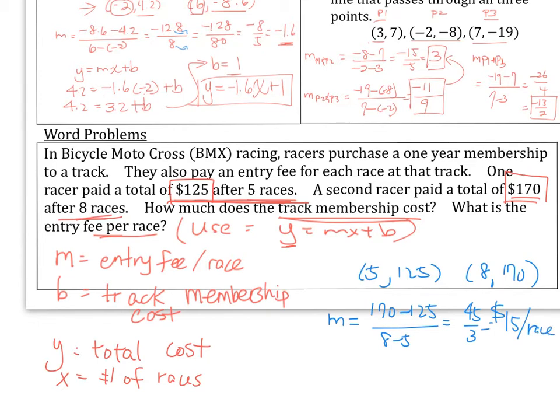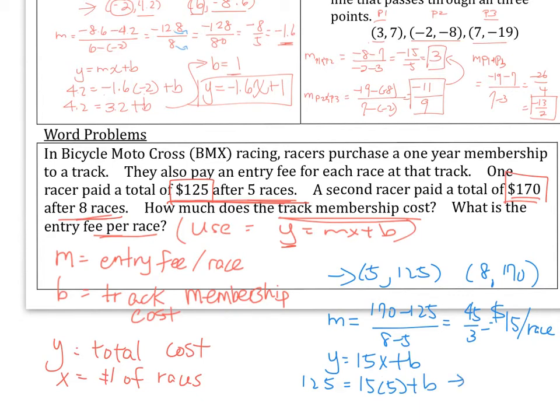Now we need to continue. Y equals mx plus b, so I have m now, 15x plus b. And I'm just going to pick this point, 125, 15, times 5.